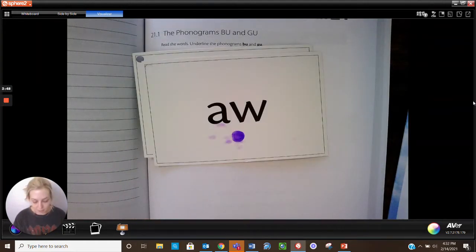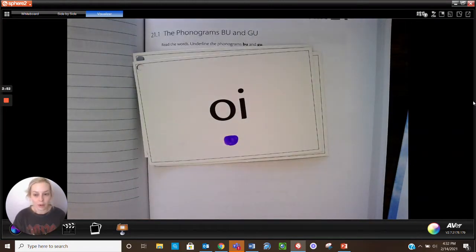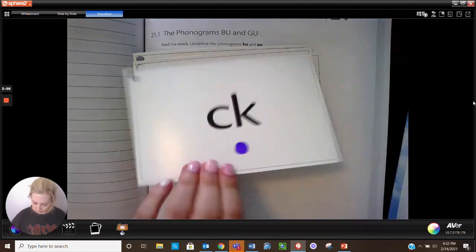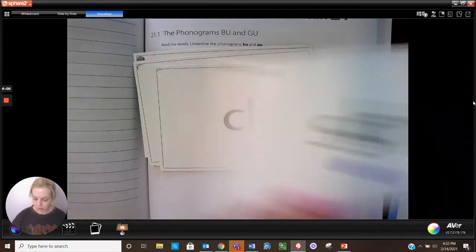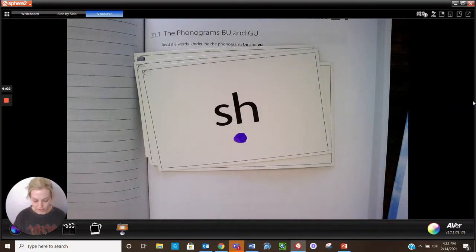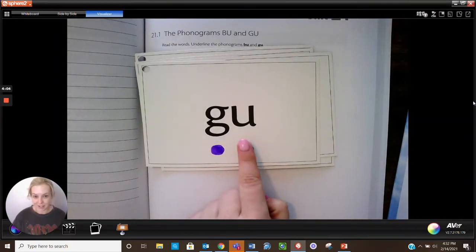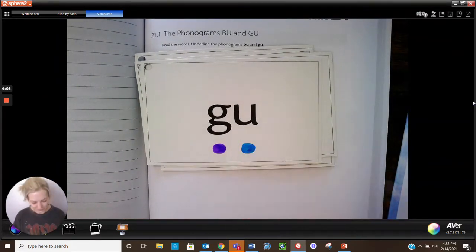Ah, that may be used at the end of English words. Oi, that may not be used at the end of English words. K, two-letter K. Sh. G, very good.